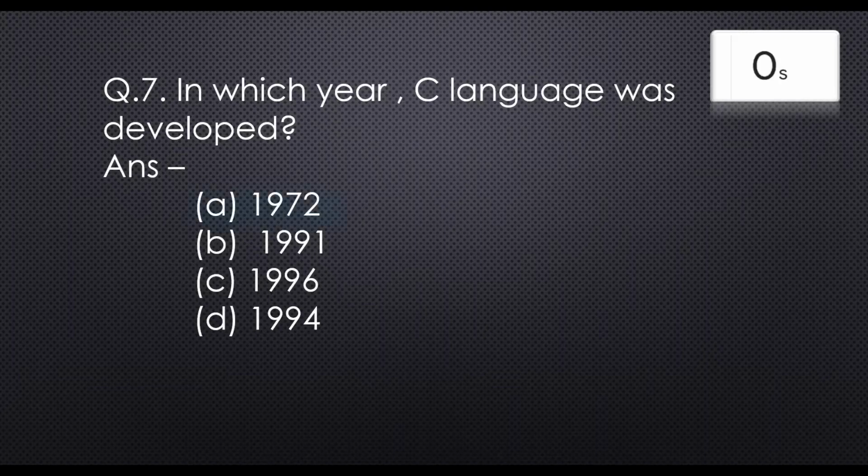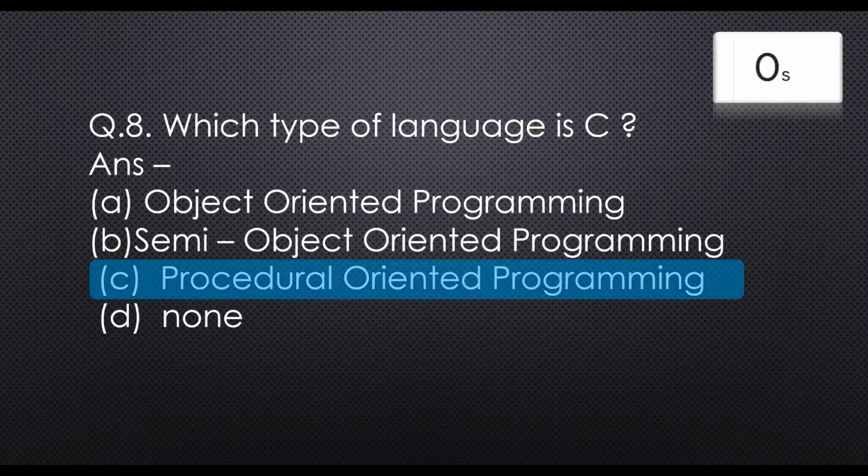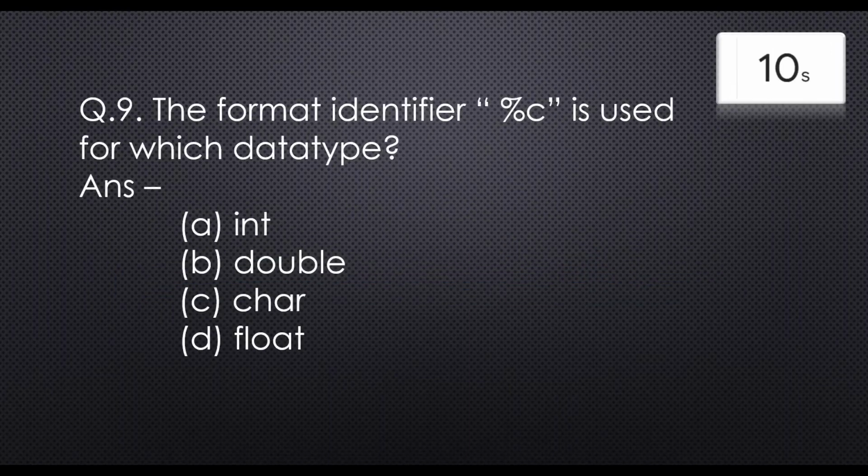Answer is A. 1972. Which type of language is C? Answer is C. Procedural oriented language. The format identifier %C is used for which data type?